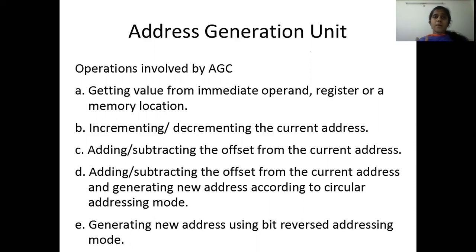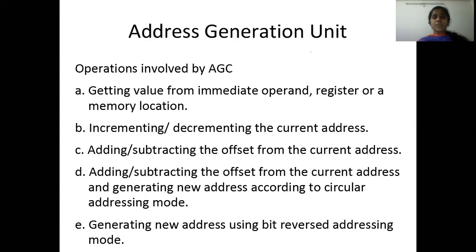In order to multiply two operands, the address generation unit has to provide addresses for these two operands within time constraints. Soon after the execution starts, and within the time of the execution itself, the address generation unit should be very fast in providing the addresses of the operands required for this multiply instruction which we write in a program.